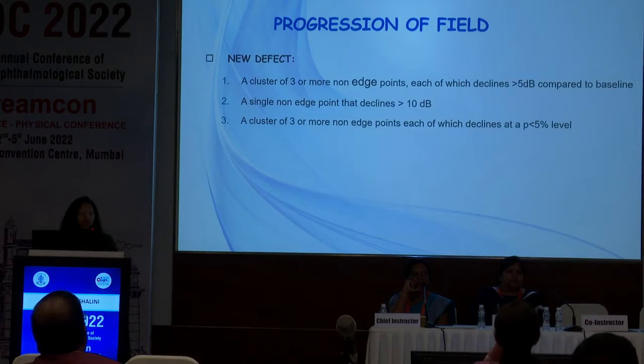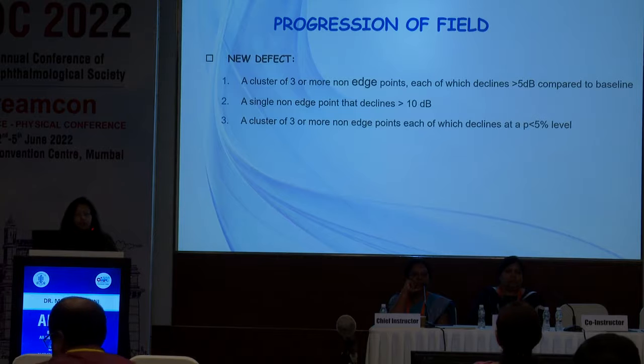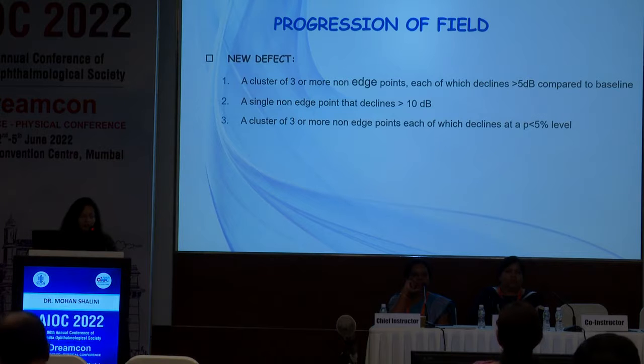So how should we identify progression in such a scenario? Whenever there is appearance of a new defect, it is important to apply these parameters to assess the progression. Whenever there is a cluster of 3 or more non-edge points, each of which declines by more than 5 decibels from the baseline, this is an important criterion to assess progression.